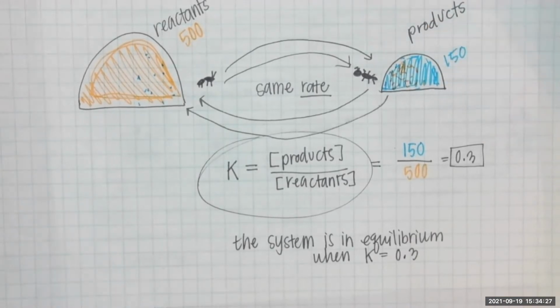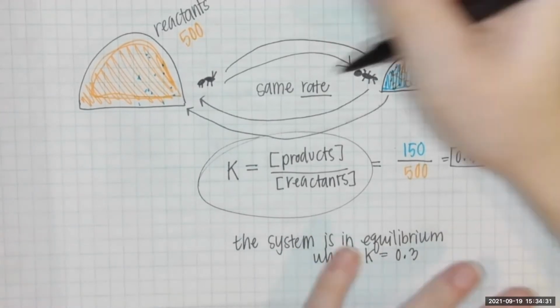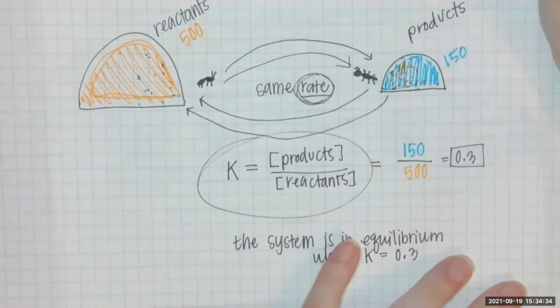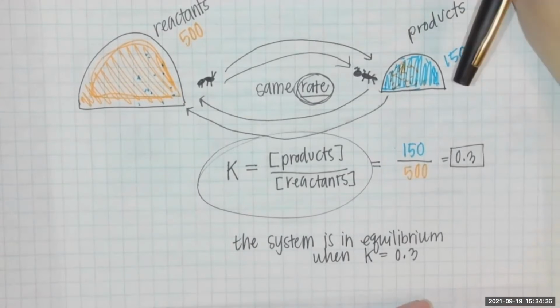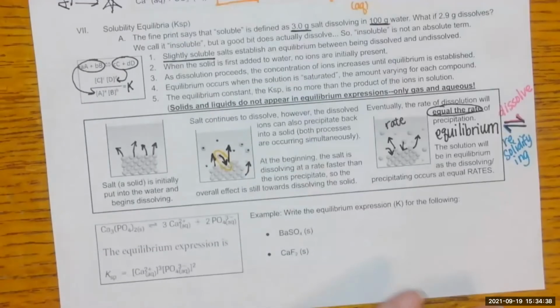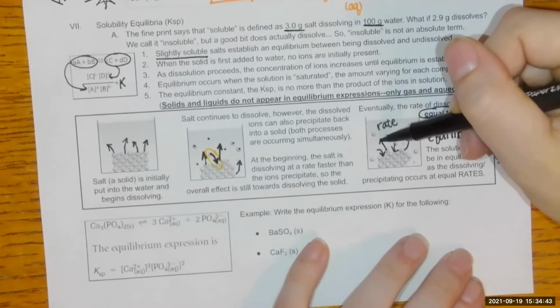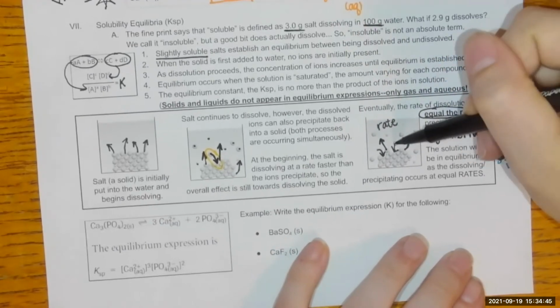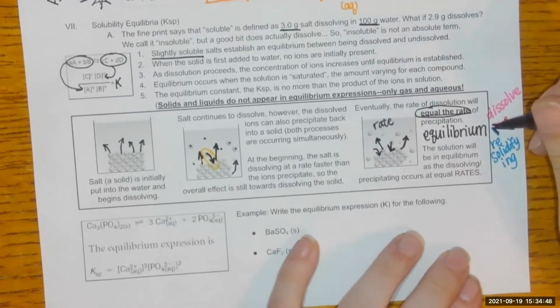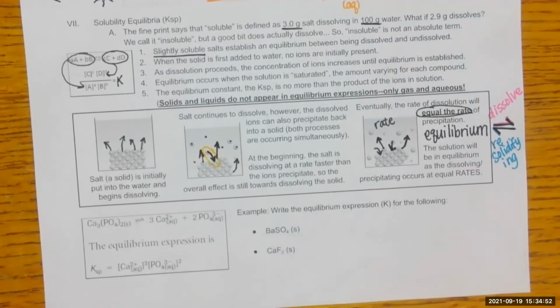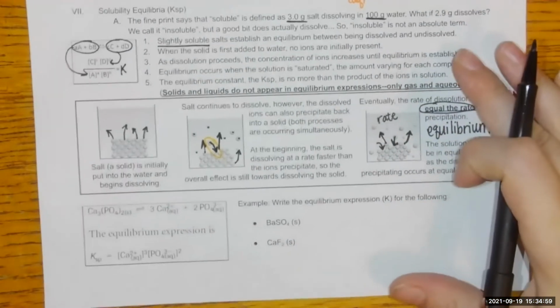No, they're not. That's the point. Equilibrium is not equal sized piles. It's equal rates. Equal rates back and forth. Same number of arrows one way as the other way. It's not about the size of the piles. It's about the rate.